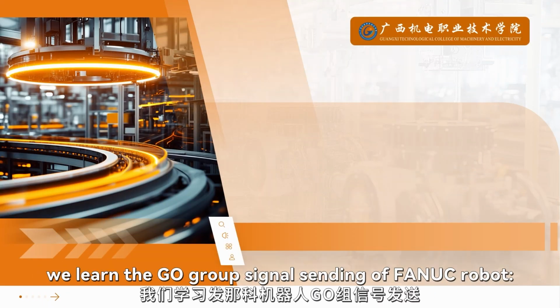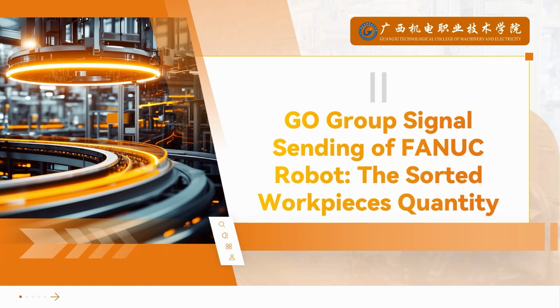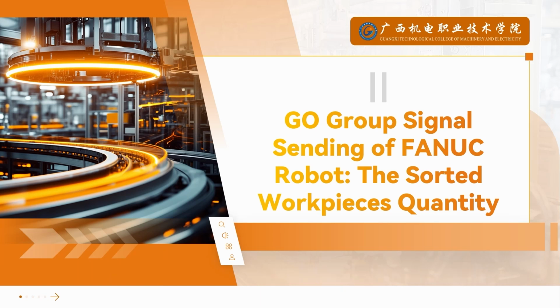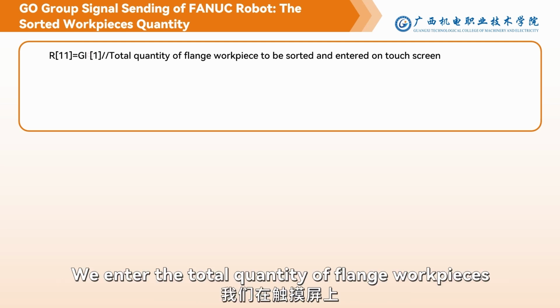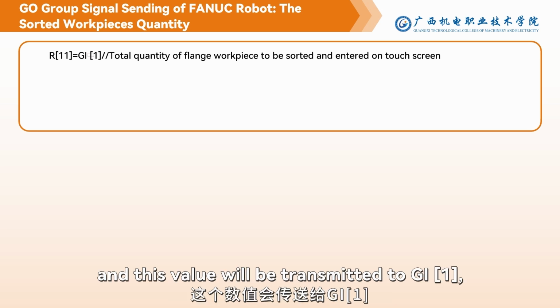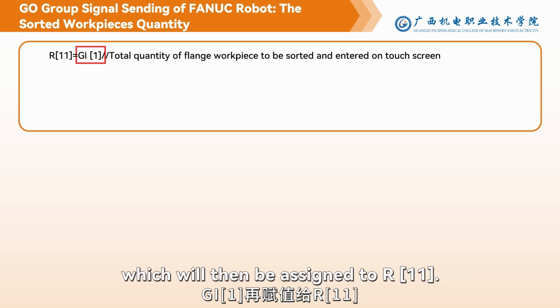Next, we learn the GO group signal sending of the FANUC robot, the workpieces quantity that have been sorted. Please focus on the program segment in the right box. We enter the total quantity of flange workpieces to be sorted on the touch screen, and this value will be transmitted to GI1, which will then be assigned to R11.